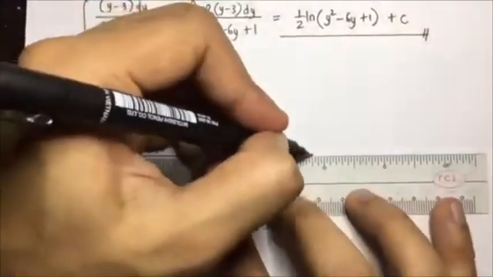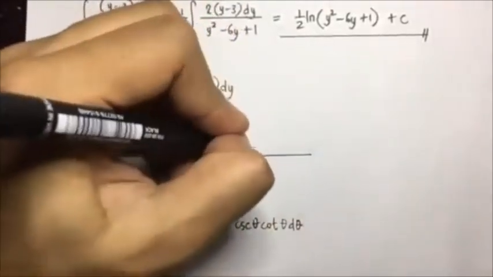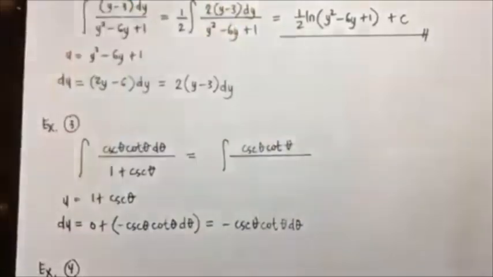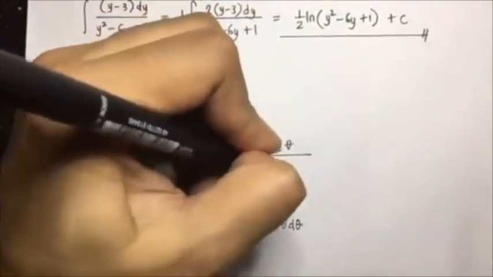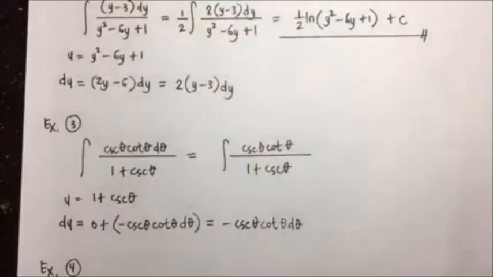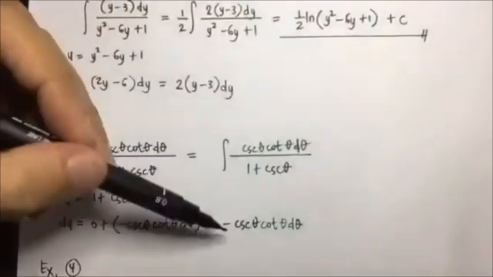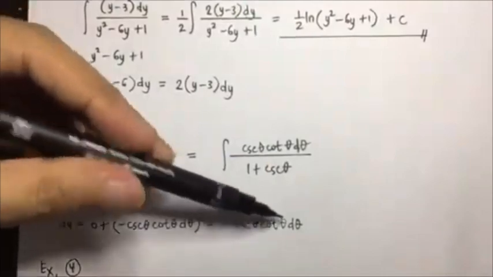So this will become, rewriting, cosecant theta cotangent theta over 1 plus cosecant theta. The numerator should be negative cosecant theta cotangent theta d theta.